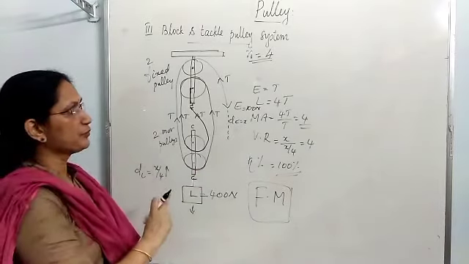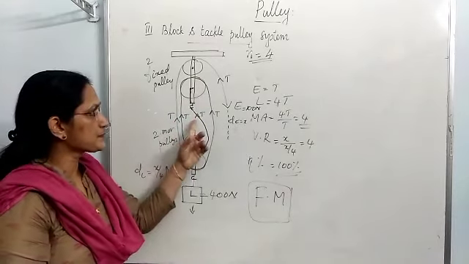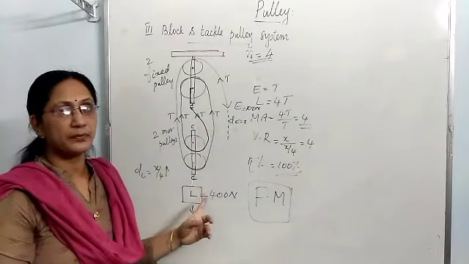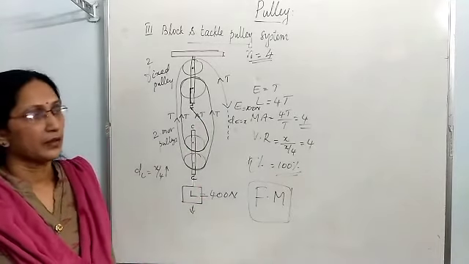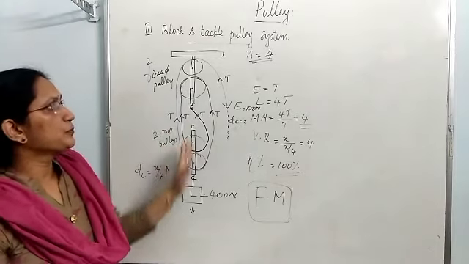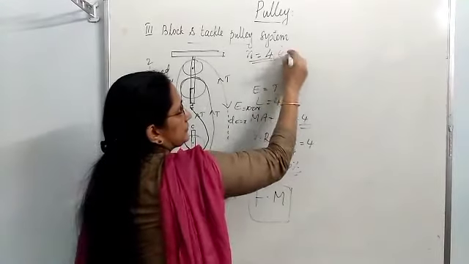So in this type of pulley system, how many pulleys are there, that many rope segments will be pulling the load up, and that same number will be MA and VR. So here total number of pulleys were 4, an even number we have taken.